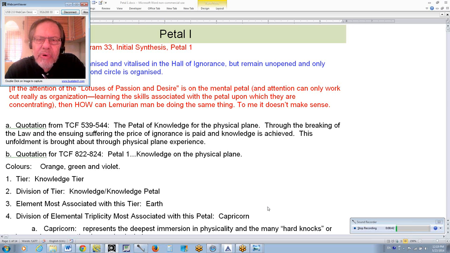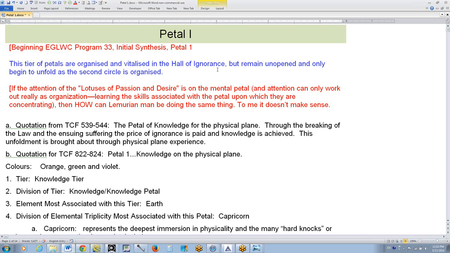I have kind of proposed a 3-petal process. And we're basically told that in the Hall of Ignorance, the man, these first 3 petals are organized and vitalized in the Hall of Ignorance.